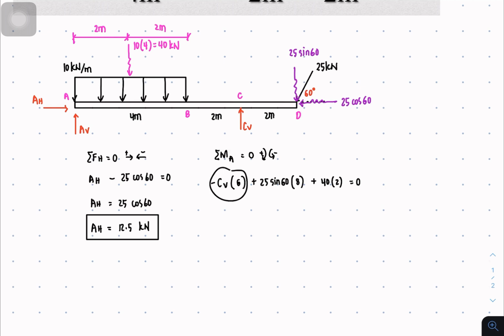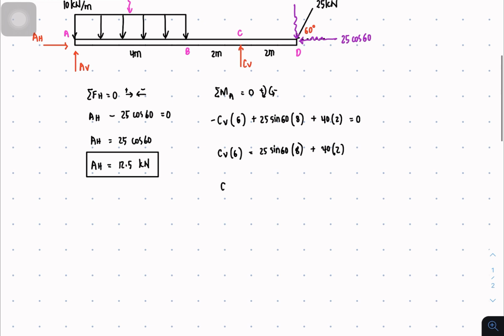Transposing CV to the other side, it will become positive, so it's CV times 6 equal to 25 sine of 60 times 8 plus 40 times 2, and then CV is equal to, let's divide everything by 6, 25 sine of 60 times 8, then plus 40 times 2, divided by 6.